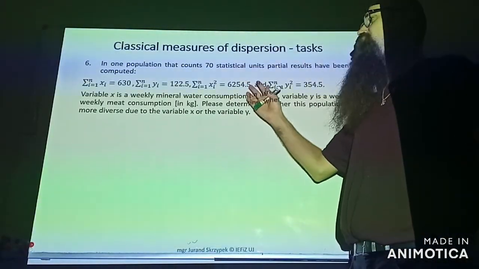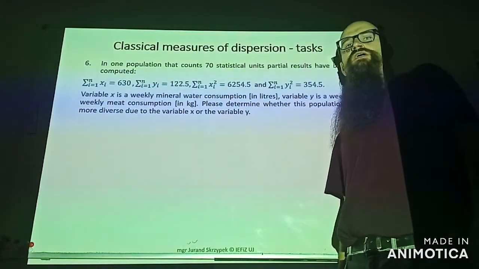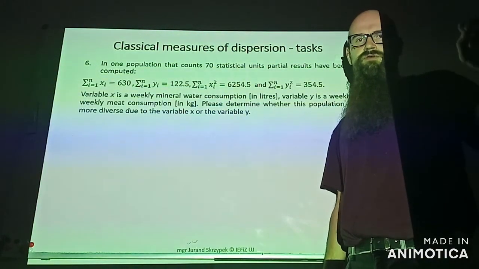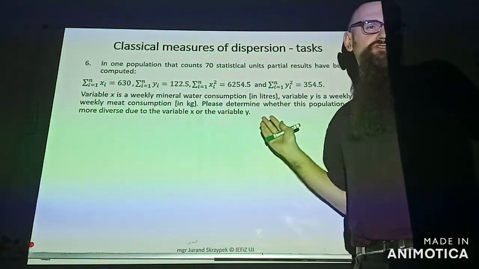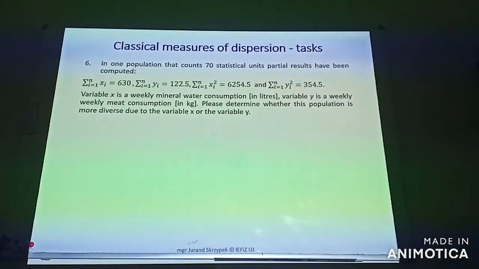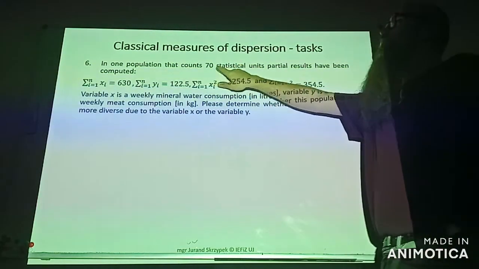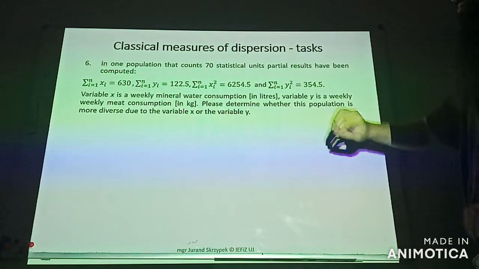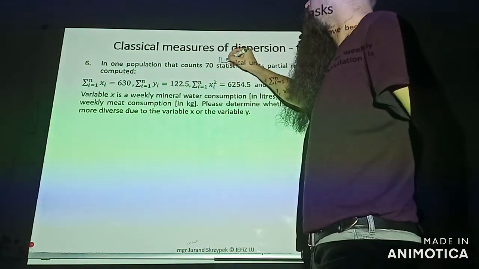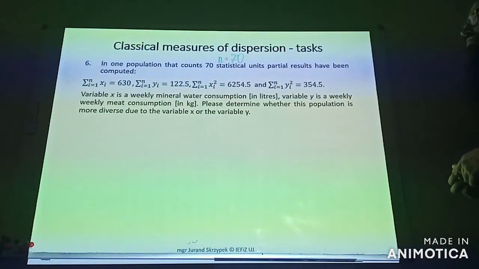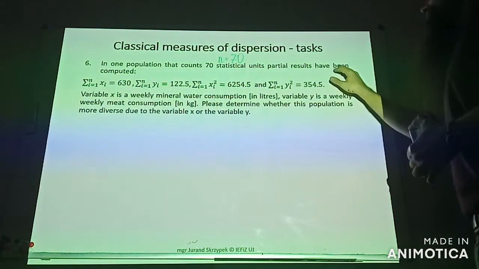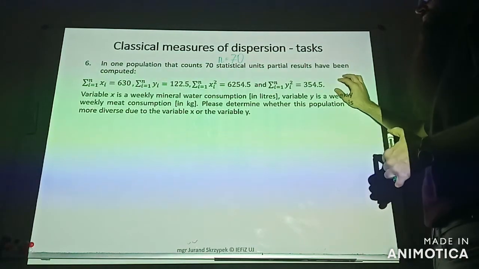Fortunately, this is the last task connected with the topic classical measures of dispersion. Task 6 is a very interesting and unusual task in which we have some partial results. But first of all, in one population that counts 70 statistical units, so we know that the population size is equal to 70. 70 statistical units have been examined, and the partial results have been computed as follows.